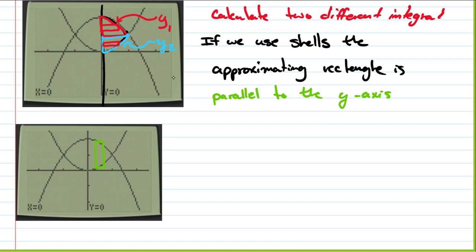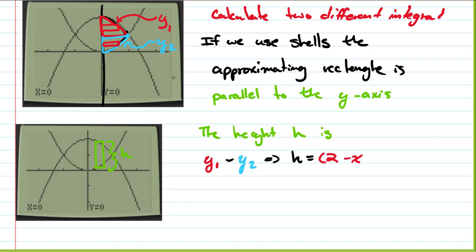So then the height h is y1 minus y2. Or in other words, we're going to have our 2 minus x squared, and we are going to take away from it our x squared.